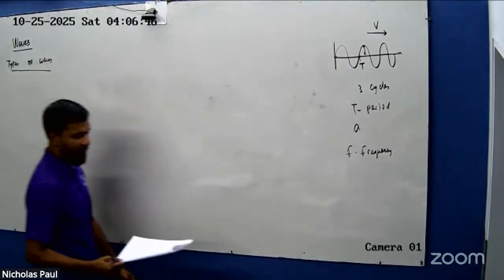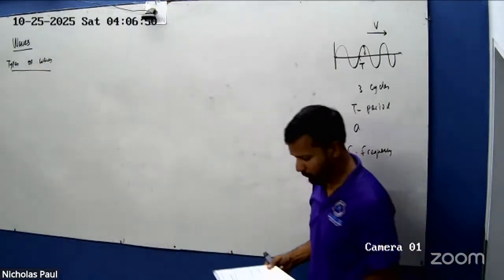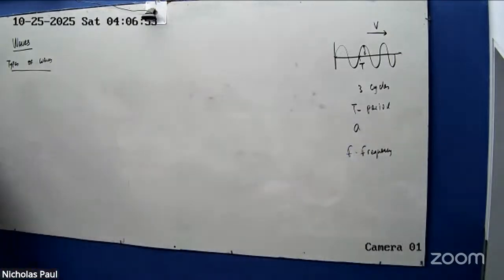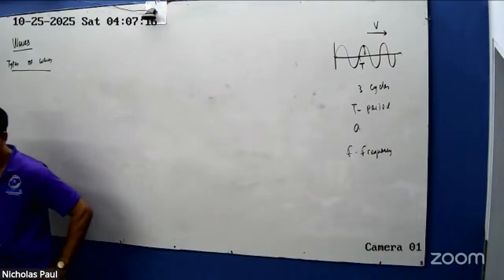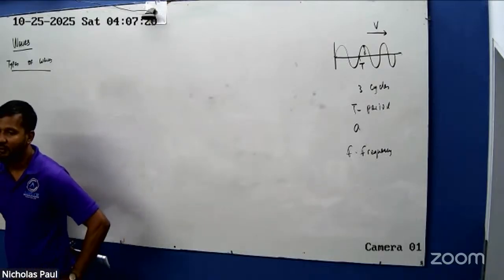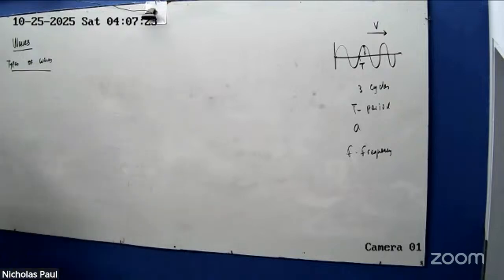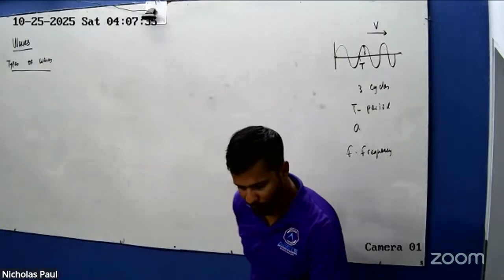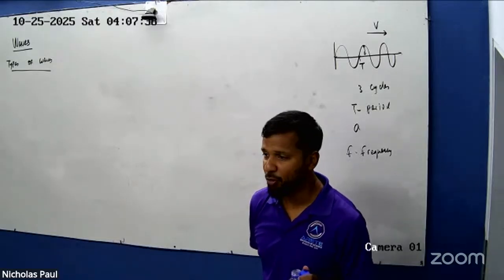For progressive waves, the movement of the wave, in brackets put vibration, is confined in some small space. Full stop.